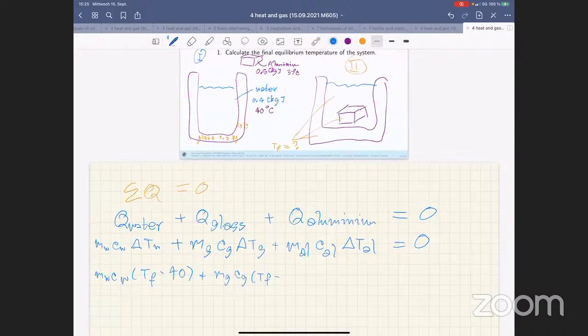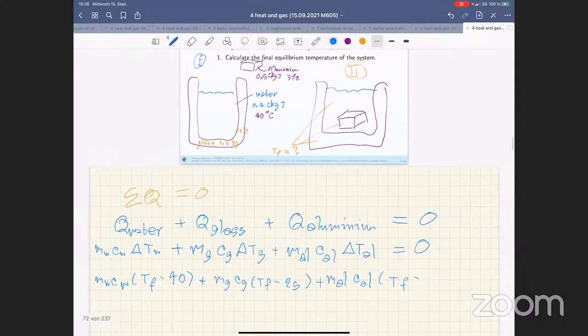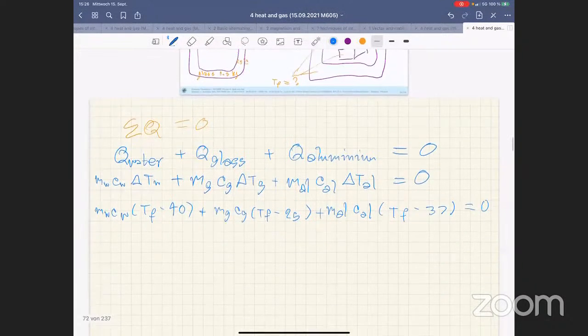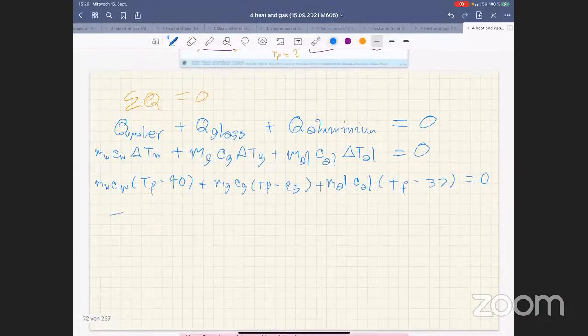This one is 40 degrees, this one is 25, and plus the mass of aluminum and C of aluminum. Temperature is TF minus temperature of the aluminum at the beginning, which is 37, right? Remaining zero. So we solve this one for TF.